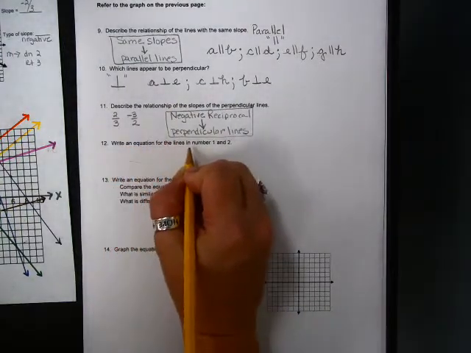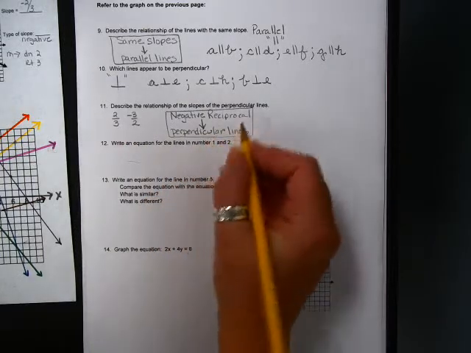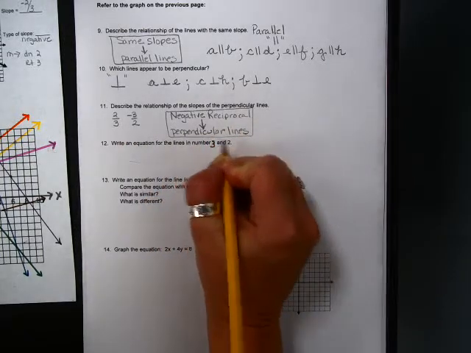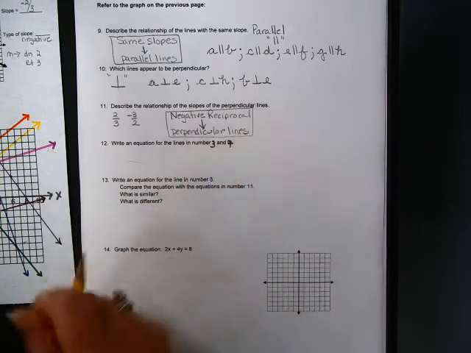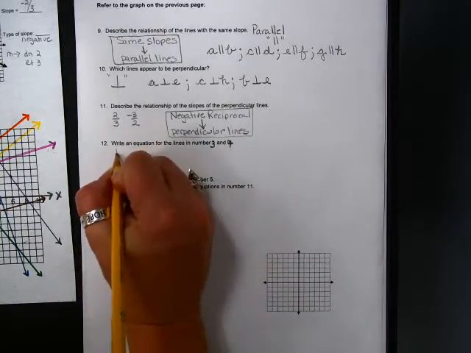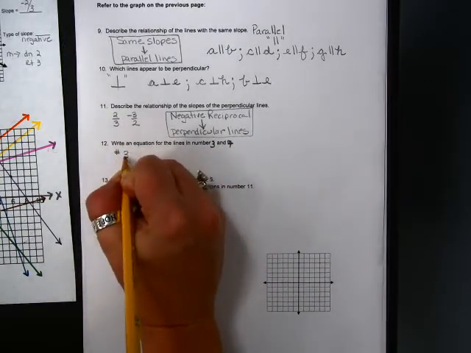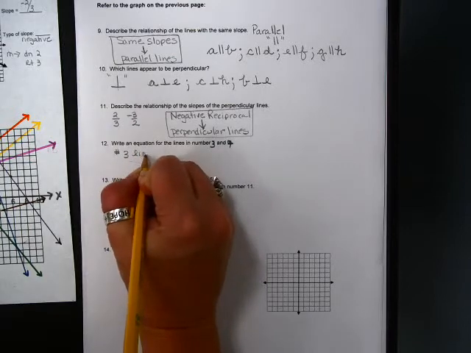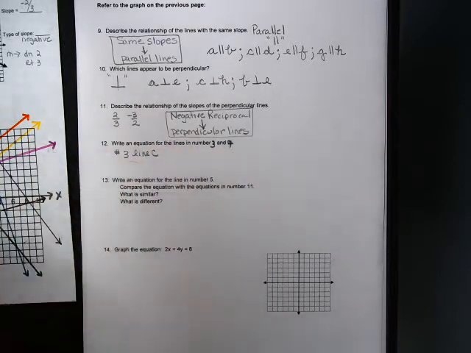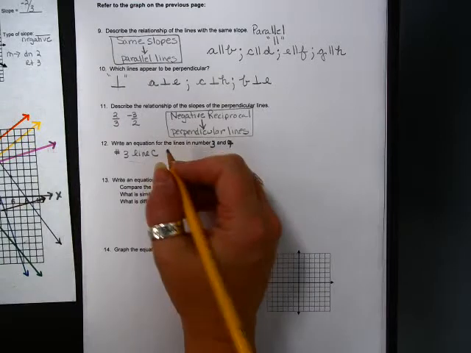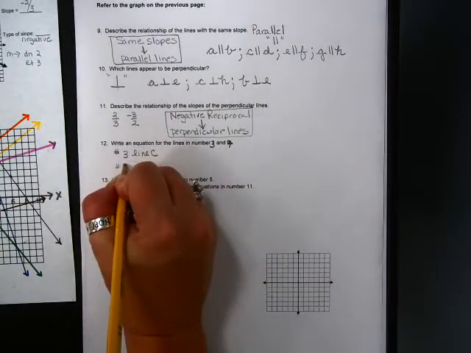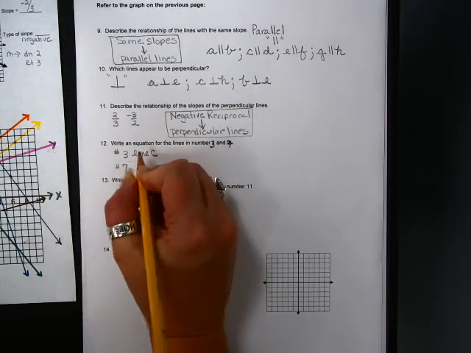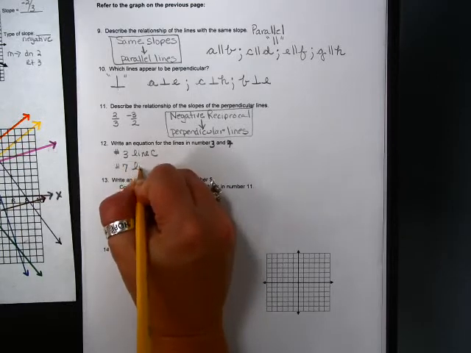Write an equation for the lines in numbers 1 and 2. We're going to change that to number 3 and number 7. Okay, number 3, remember that was line C, and in mine, that's the one that I colored red. And number 7, that was line G, and that's the one I listed as brown.